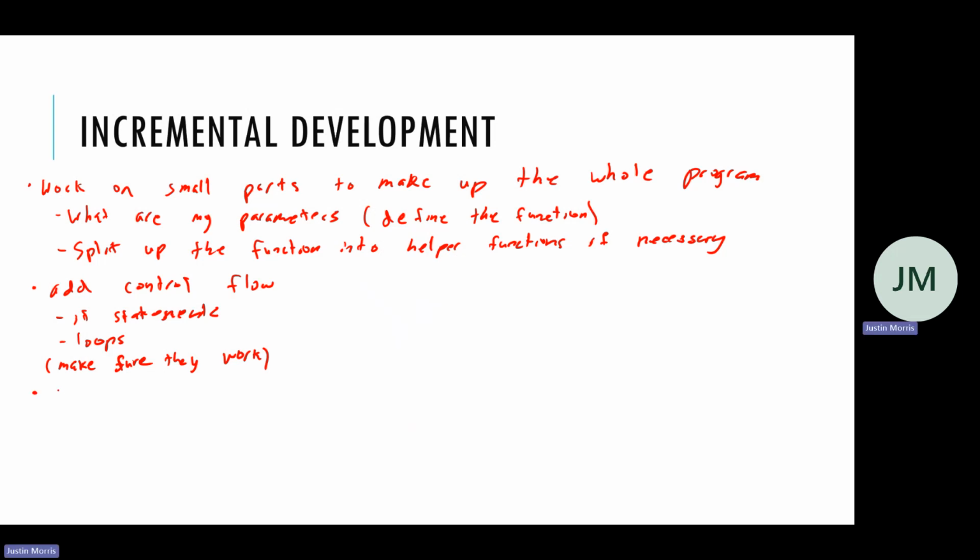Then the next thing you can do is add functional components. So inside your for loop, if you're checking something, or adding to an array, multiplying, that's your functional code. Okay? And one thing to keep in mind for both of these, one at a time.